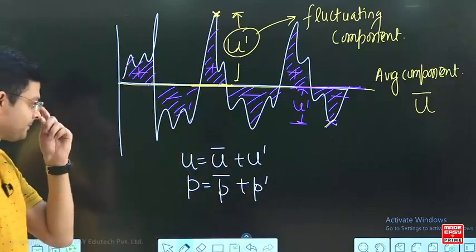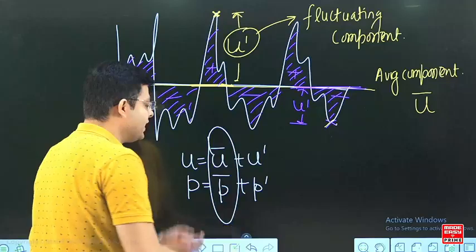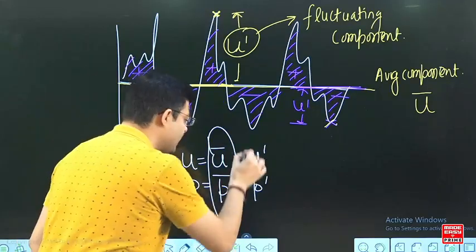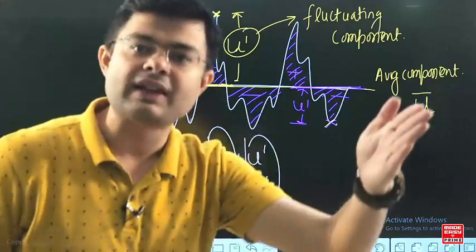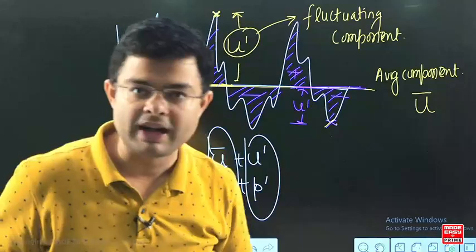So any property in turbulent flow is written as a combination of average component and fluctuating component. Clear, my dear? Yes.